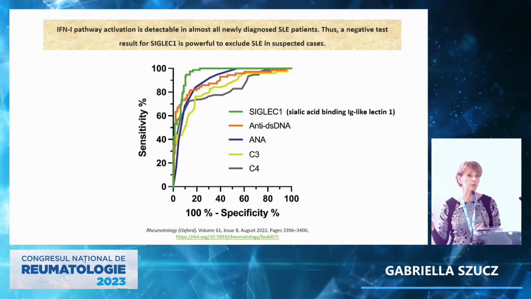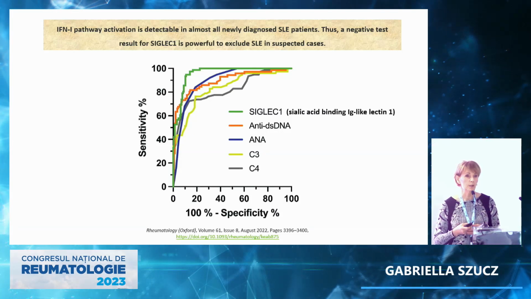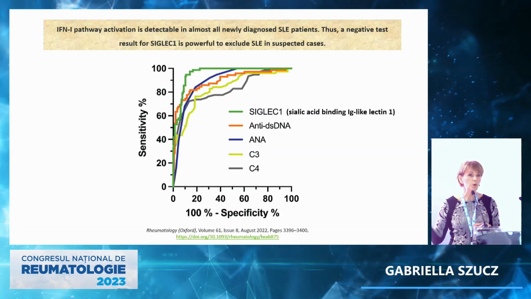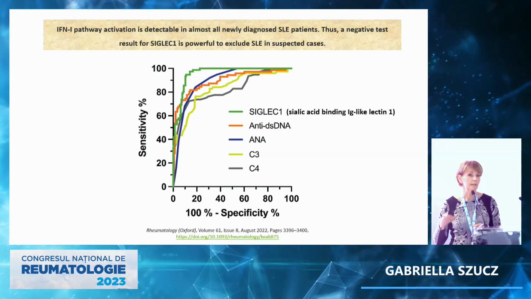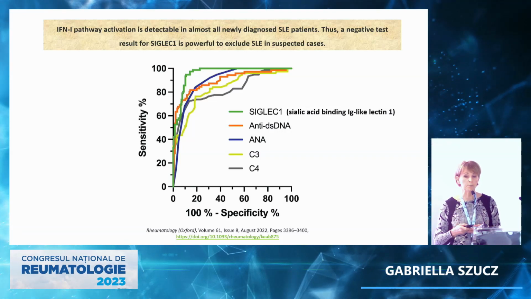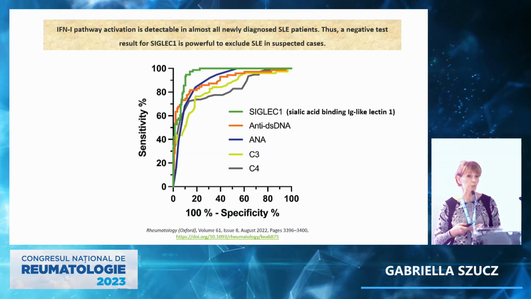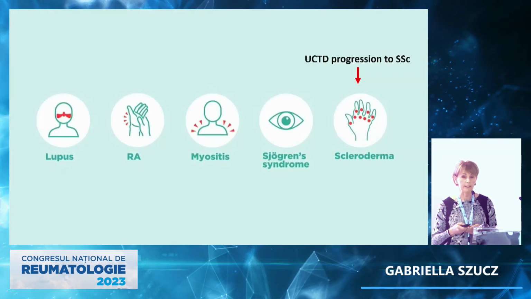You can see here the result, the higher interferon signature, which is more sensitive than anti-dsDNA, ANA, and complement factors. This is the sialic acid binding Ig-like lectin-1, which is one molecule of the interferon pathway.